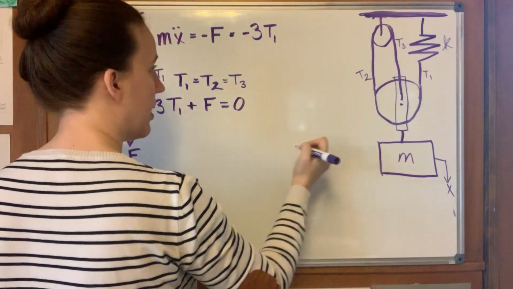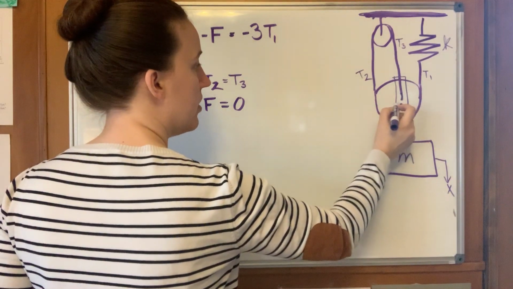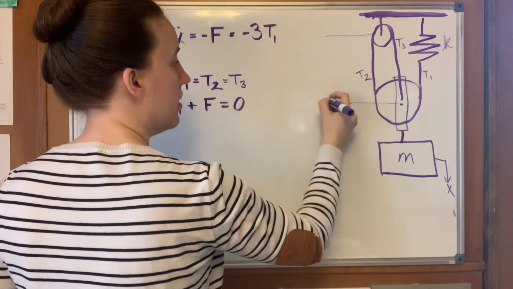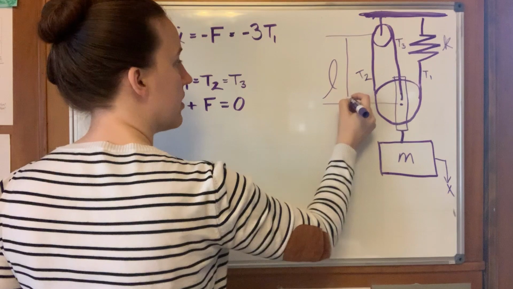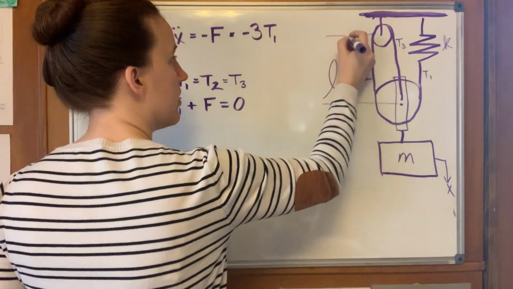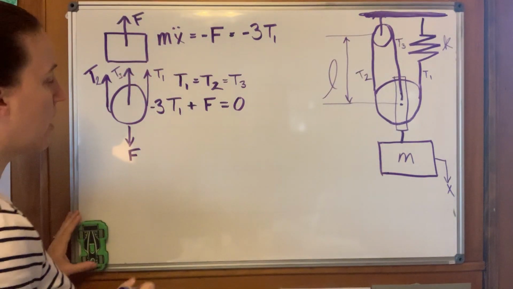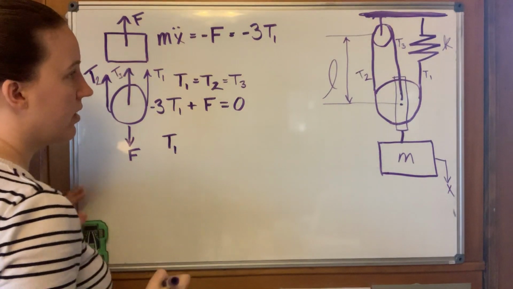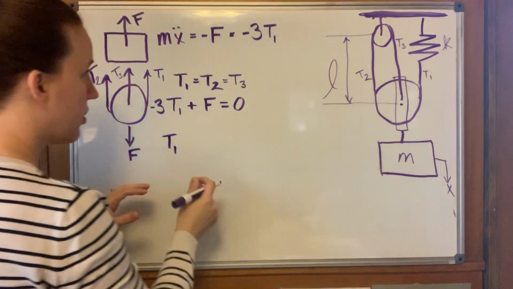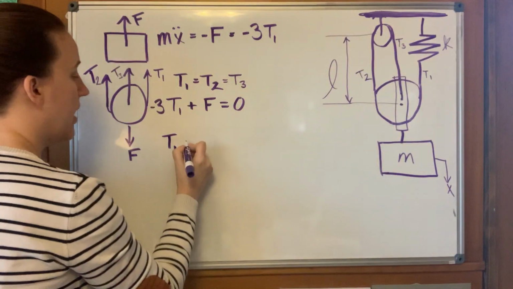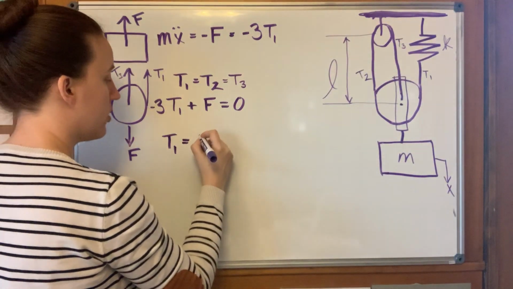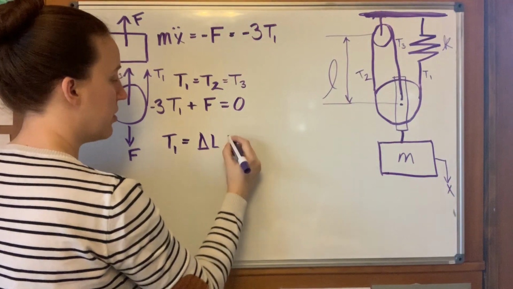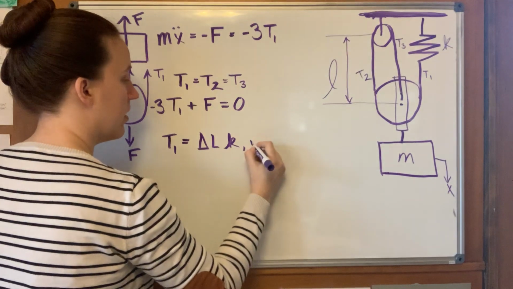We'll call that capital L. And then we'll think about lowercase l as being this distance. All right, so the tension here, which is going to be the tension everywhere in the cable, has to equal the change in the total length of the cable times k.